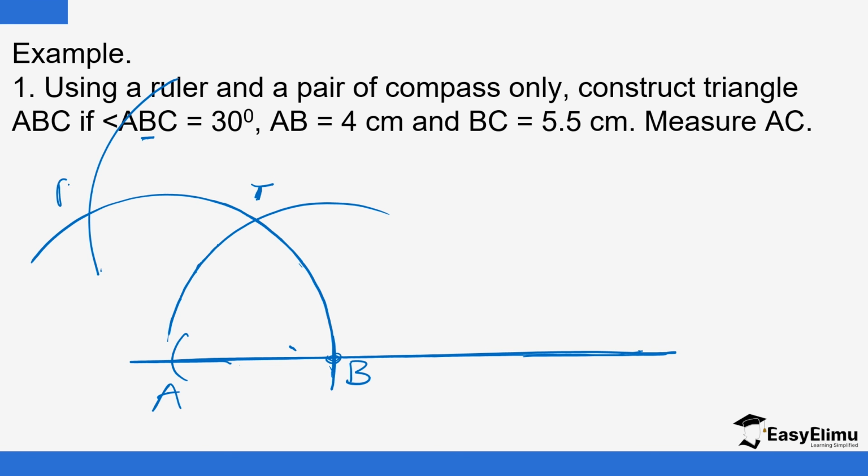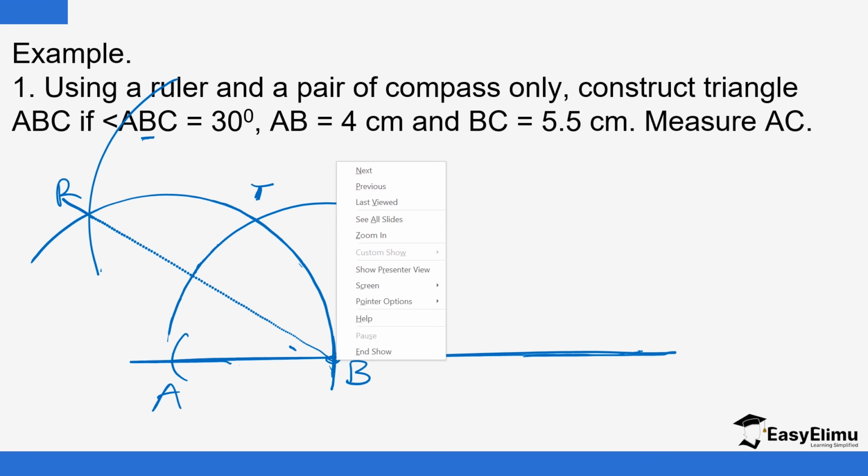This is R. If I join B to R, that line will be 30 degrees, so this angle here is 30 degrees.